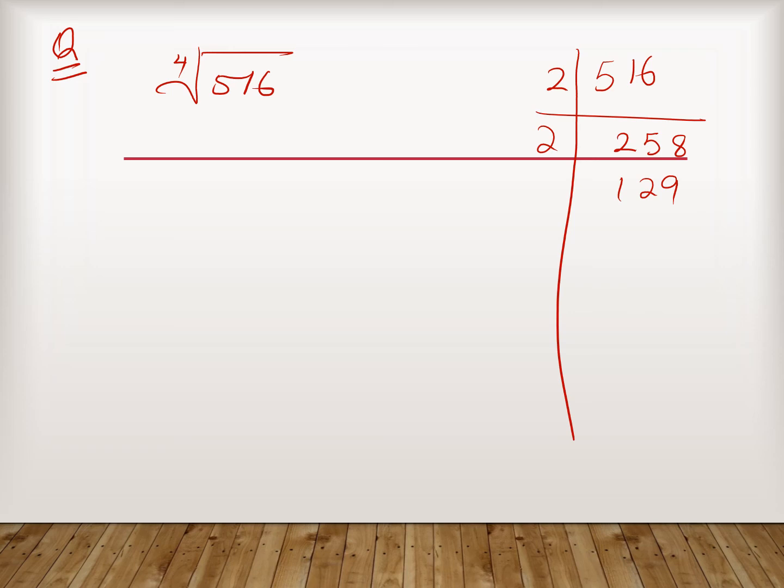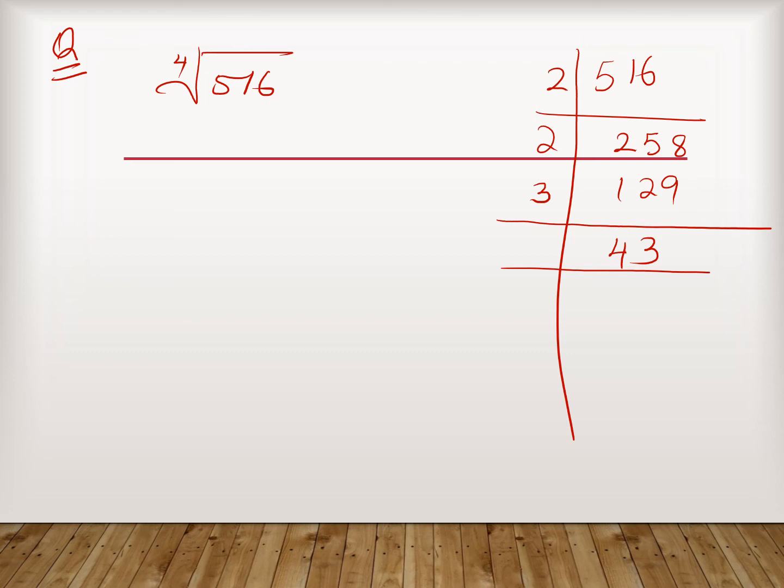Now is there any table in which 129 goes? If it cannot go by the table of 2, you can think that it might go by the table of 3, and 3 times 43 gives you 129.